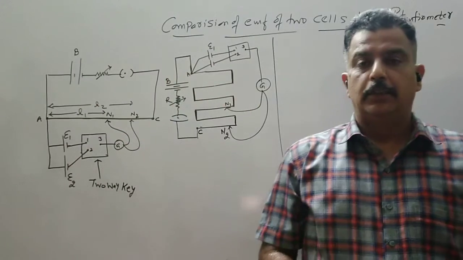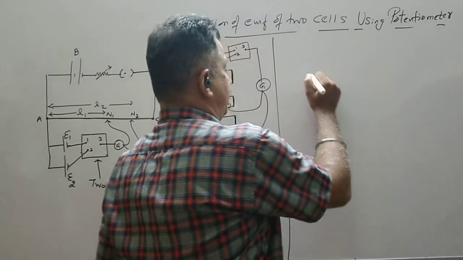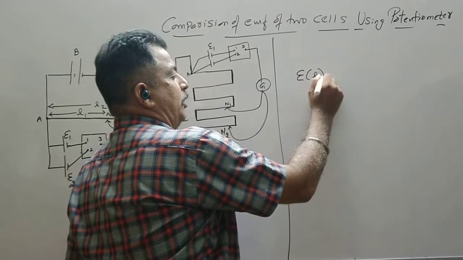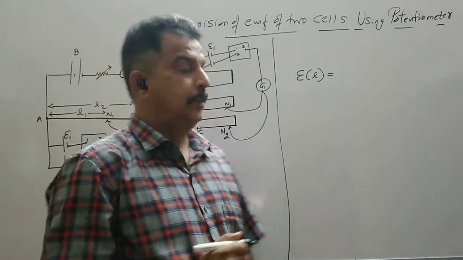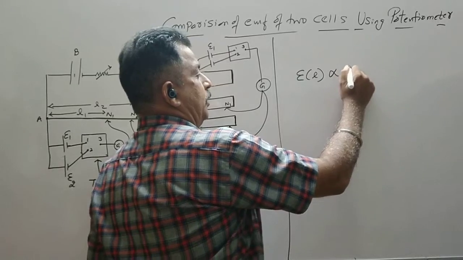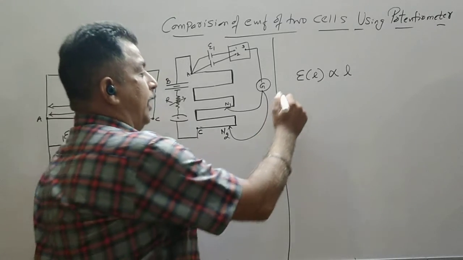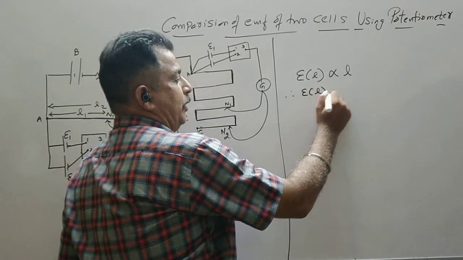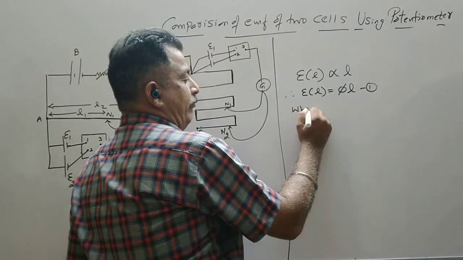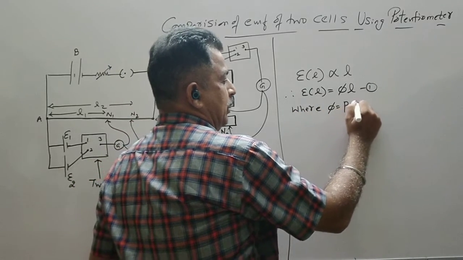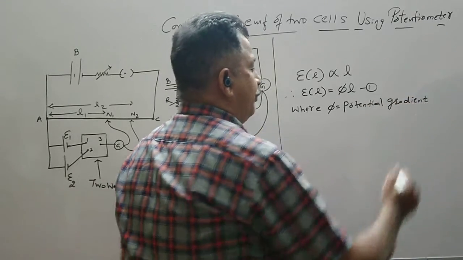Hello students, in the previous lecture we did the principle of potentiometer, and the principle was that the potential difference between any 2 points of the potentiometer wire is directly proportional to the distance between the 2 points, or the length of the wire, and therefore the potential difference between any 2 points was given as phi into L, where phi was named as potential gradient, that is potential per unit length.